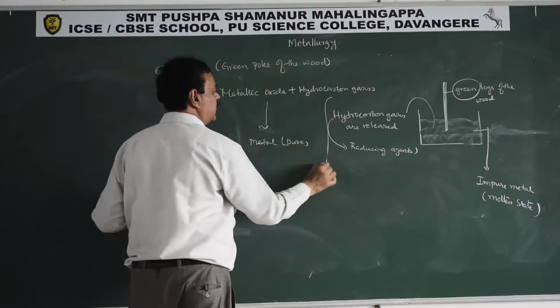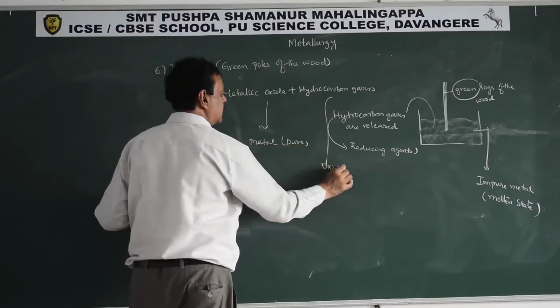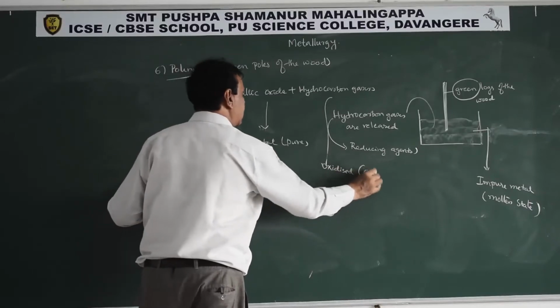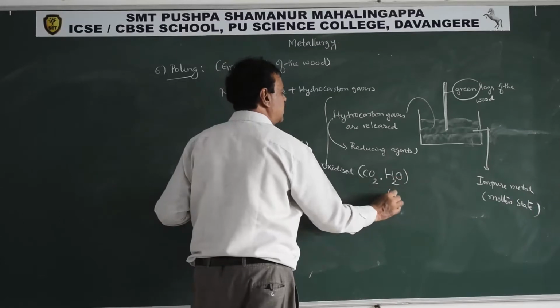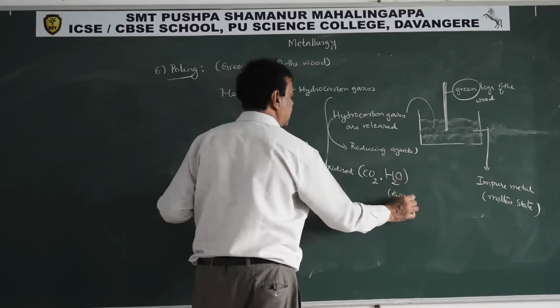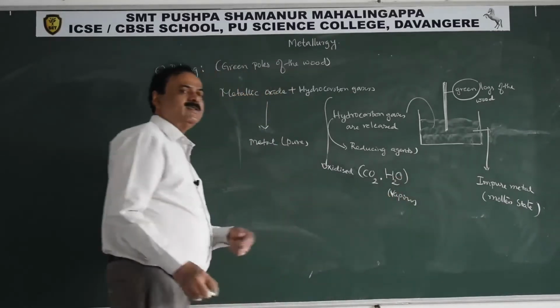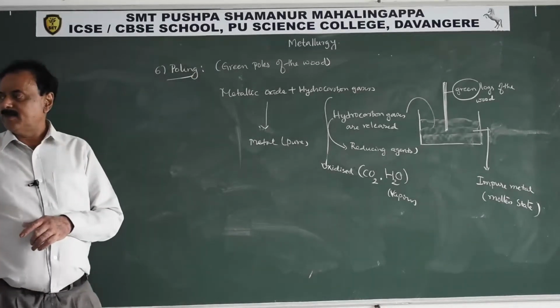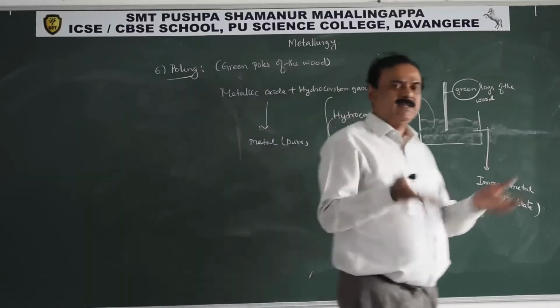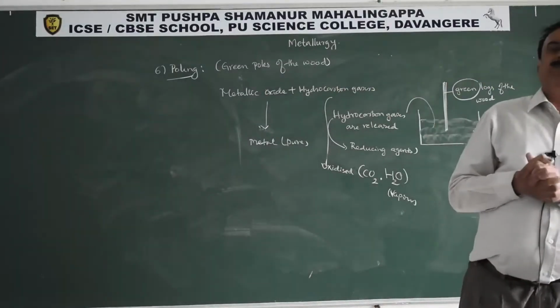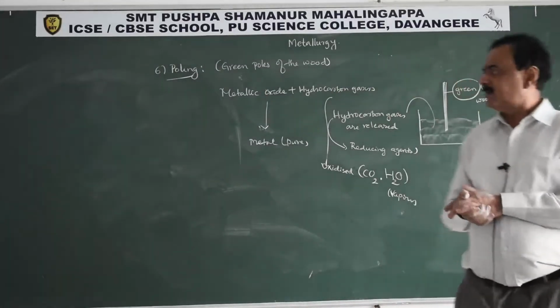And the hydrocarbon gases get oxidized to carbon dioxide and water vapor. These vapors of water and carbon dioxide are eliminated. They evaporate at high temperature.